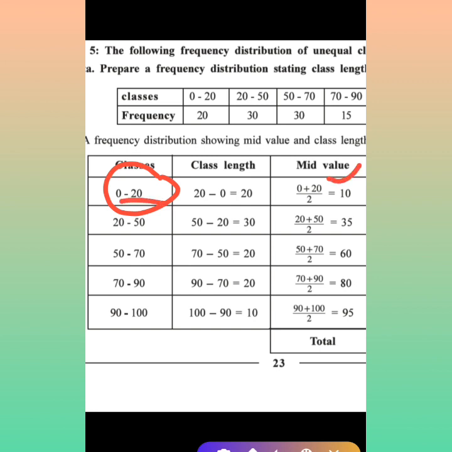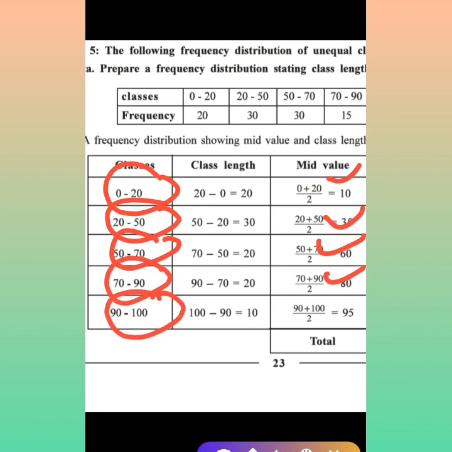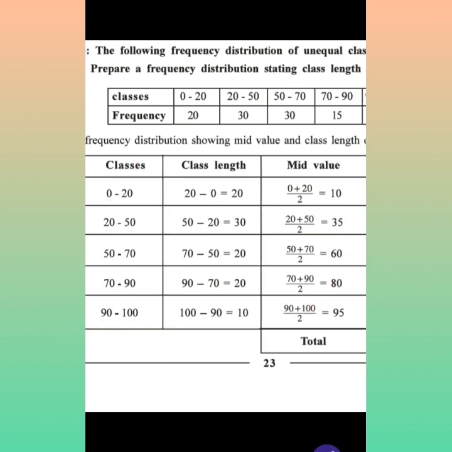Similarly, 20 plus 50 whole divided by 2 will give you 35, with the help of the mid value formula that we have seen in our previous sum. Then 50 plus 70 whole divided by 2 gives you 60. 70 plus 90 whole divided by 2 will give you 80, and 90 plus 100 whole divided by 2 will give you 95. All these are the mid values that we found out, right?